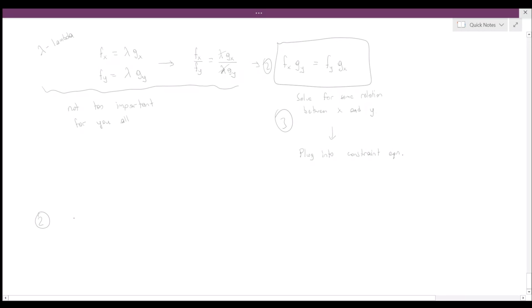So here we're given our function f of x, y. So it's 10x to the 2/5, y to the 3/5. Okay.